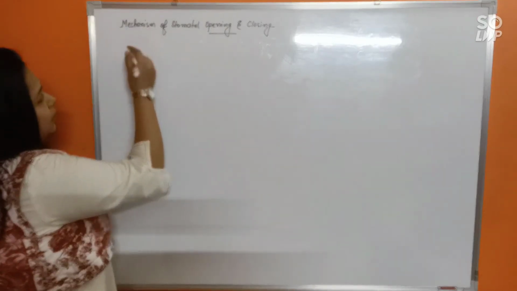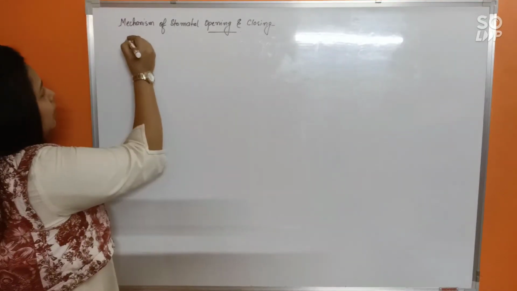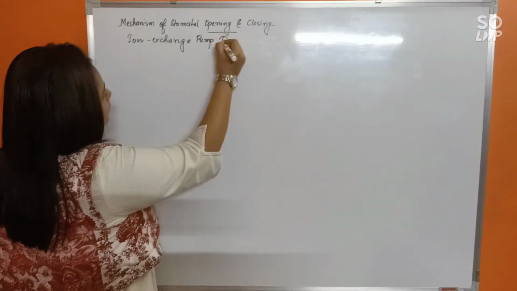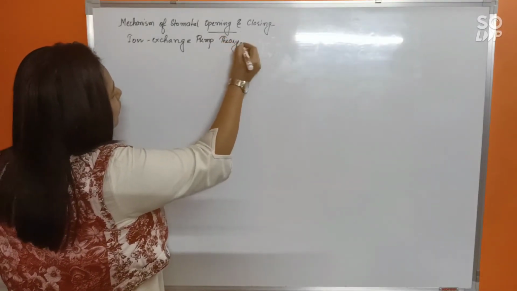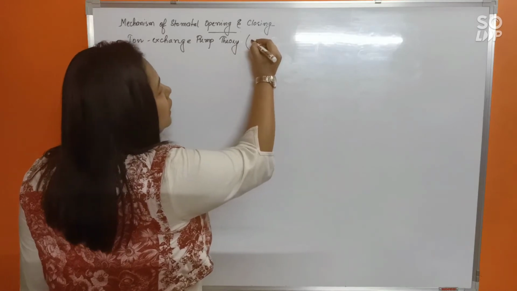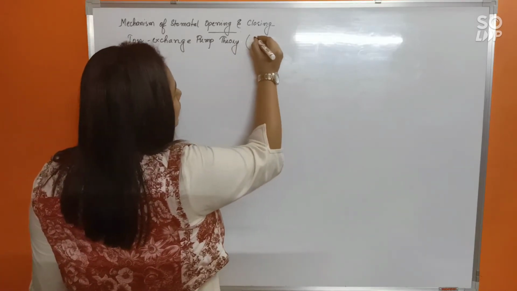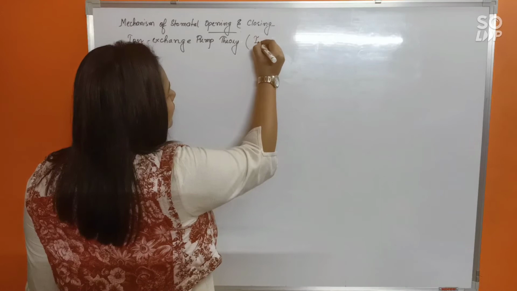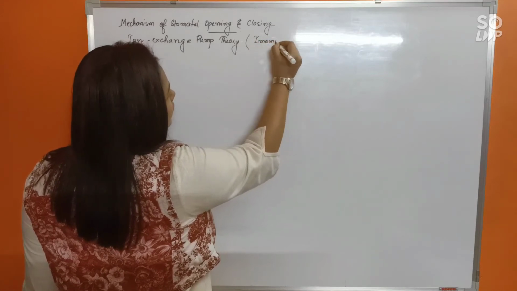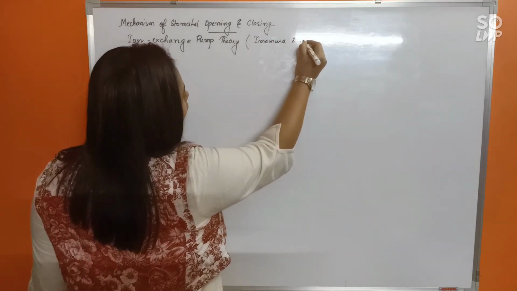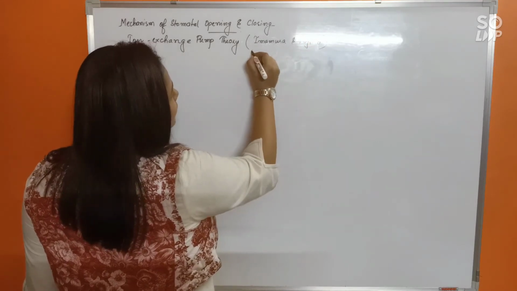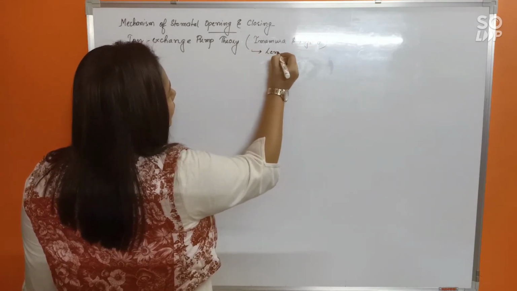Alright, it is explained through a theory that's called the ion exchange pump theory, that was proposed by two Japanese scientists, Imamura and Fujino, but was elaborated by Levitt.